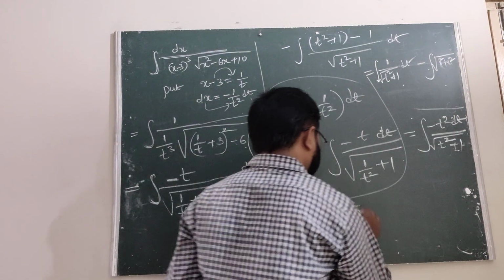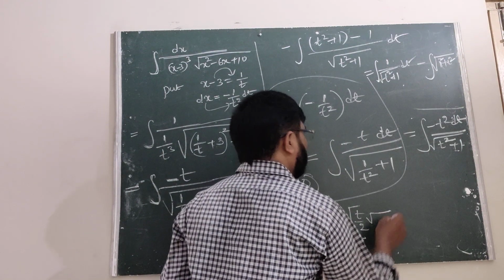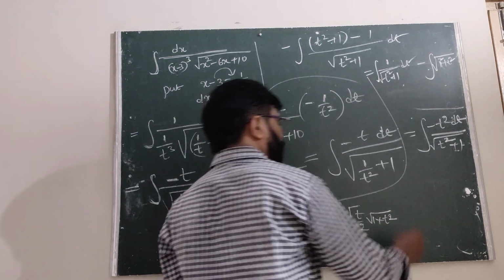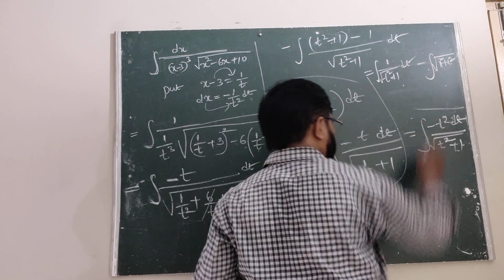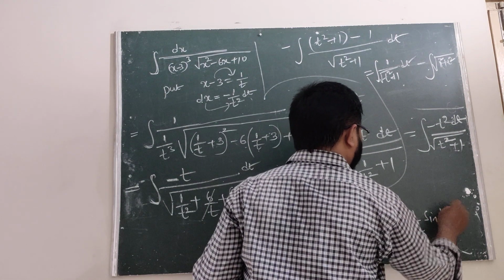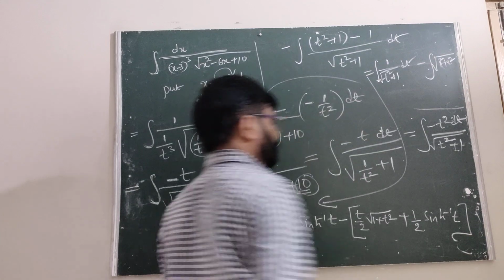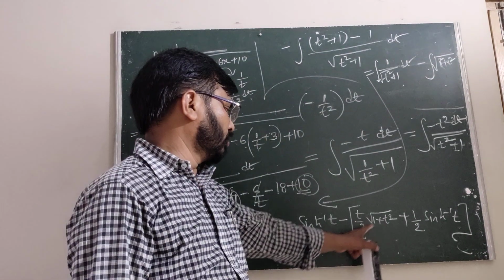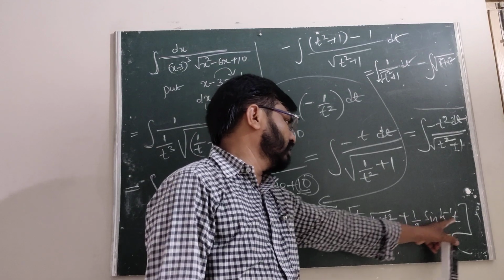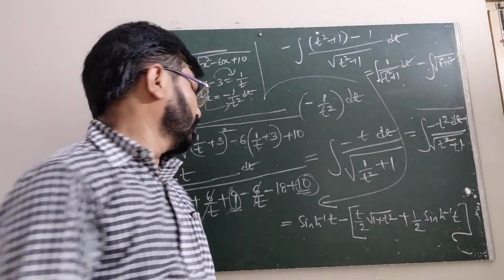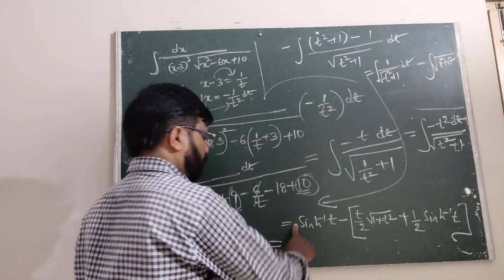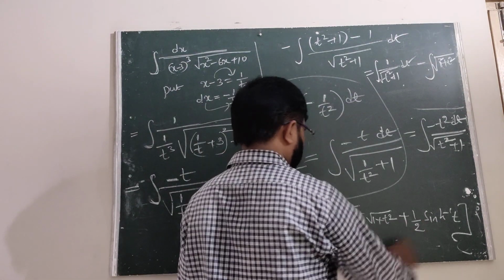X by 2 is t by 2 root of a square plus x square, plus a square by 2, a square is 1, by 2 sine h inverse of x by a, that is t by 1. Now this is plus 1, this is minus 1 by 2.